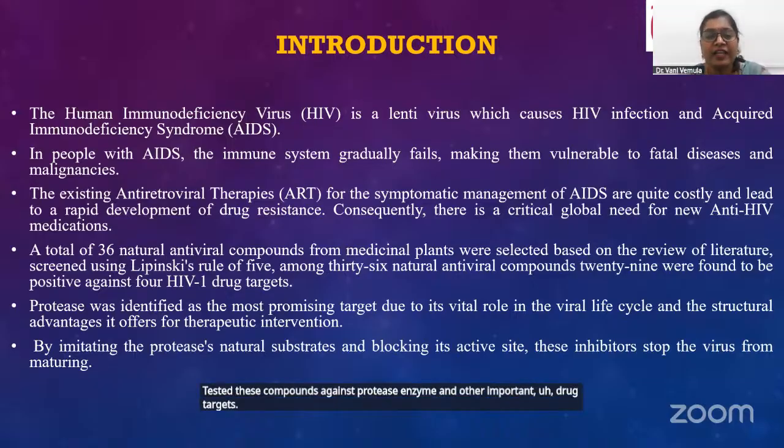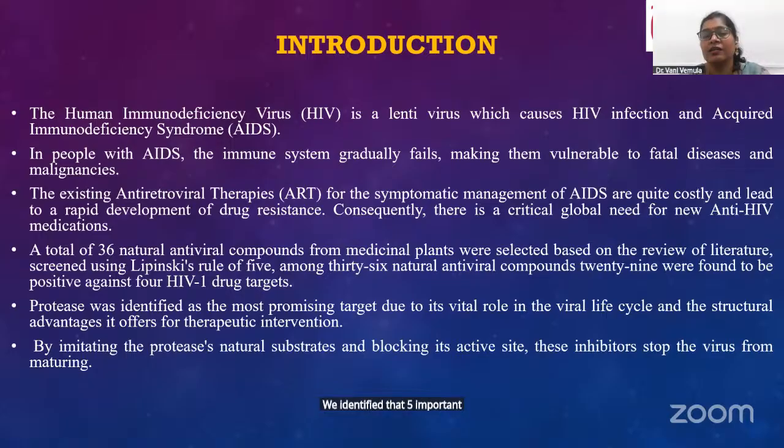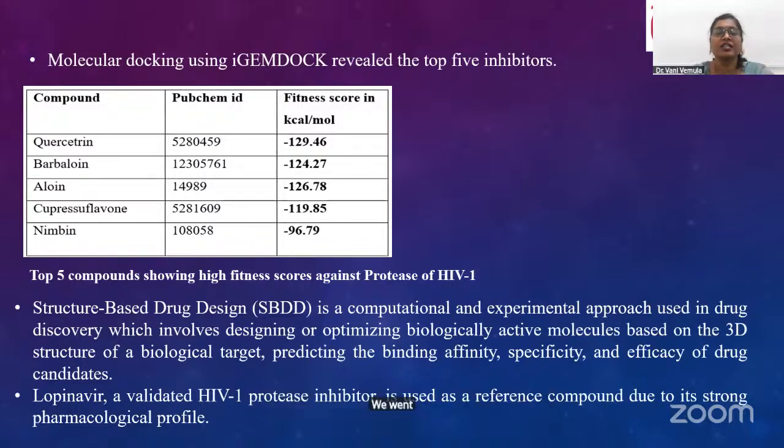We identified that 5 important natural antiviral compounds seem to be very effective against HIV-1 protease. It was also analyzed that protease is the most important drug target. So with that preliminary information, we went ahead with the further study included here.